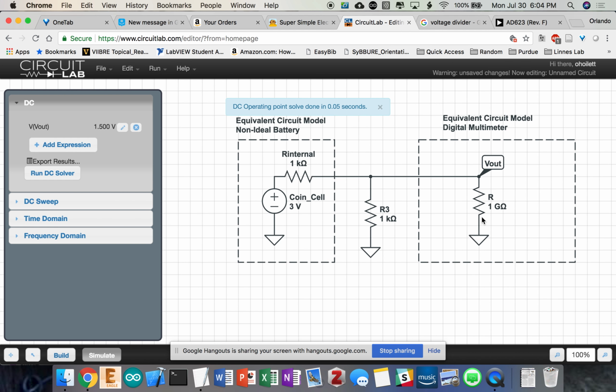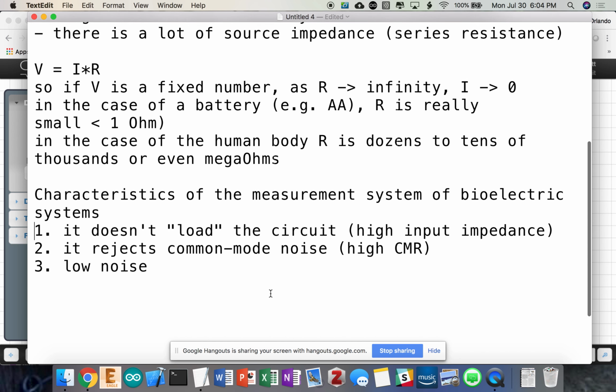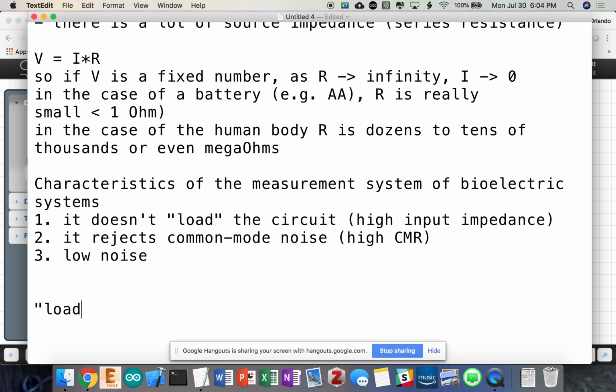Yeah. So what loading means? It means drawing current away from. So because this resistor is really, really high, it doesn't draw current away from this part of the circuit. So if you don't load it, it means you're not drawing current away from. Like a motor is a high load because it draws a lot of current away from the system.